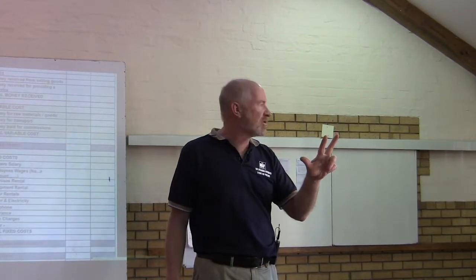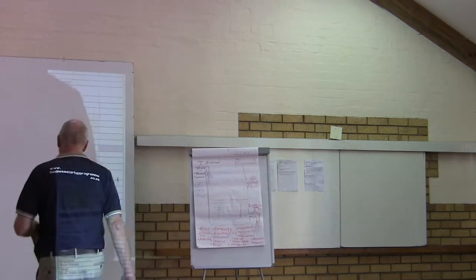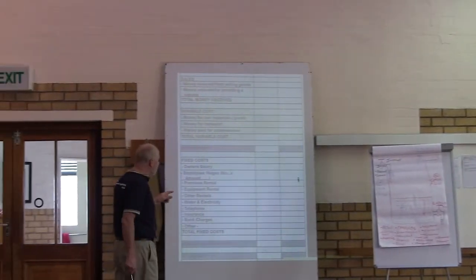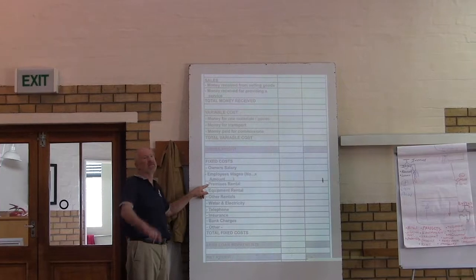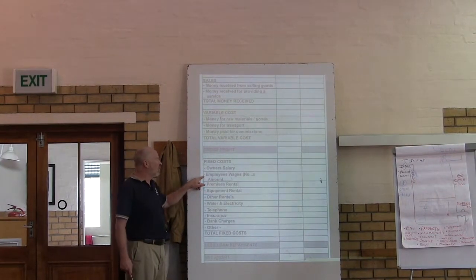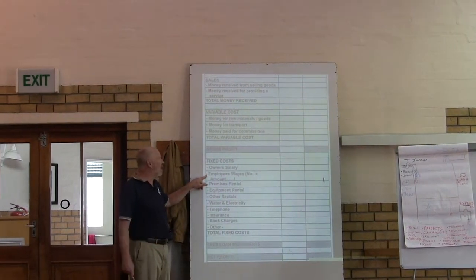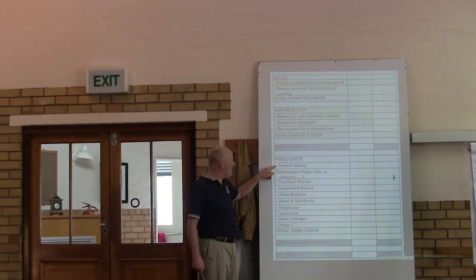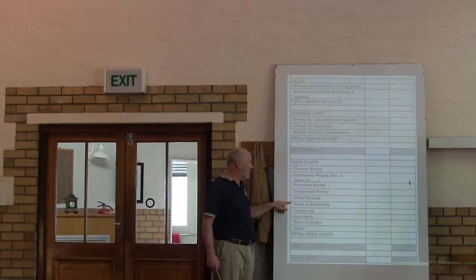You haven't got 3 days in the month. Now 3 days can be quite a lot of electricity or water use. So even though they're fixed, your premises rental is likely to be the same all the way through. Your employee wages likely to be the same, owner's salary likely to be the same all the way through. But water and electricity, that could vary.